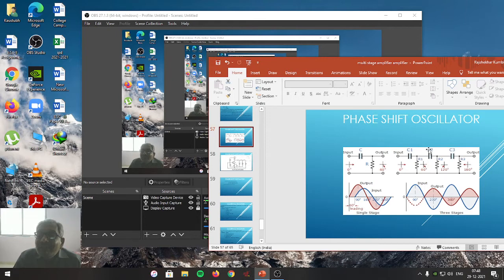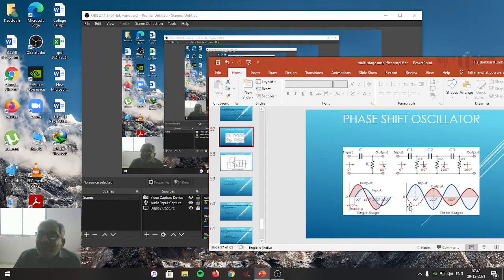When the peak is reached, it discharges across R2. This discharged signal charges capacitor C3 to the peak level. After charging fully, it again discharges across R3. Thus, this action produces oscillations in a tank circuit.